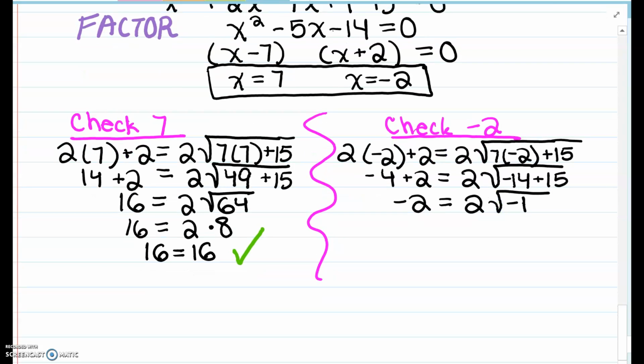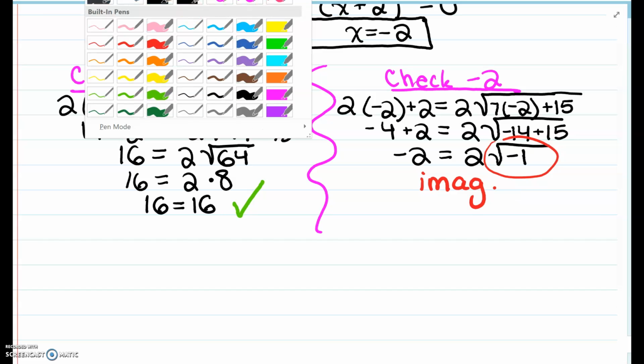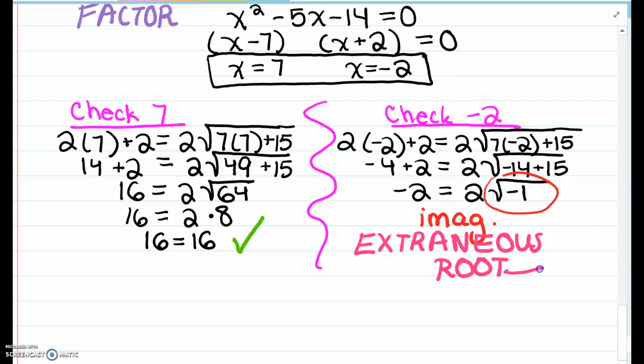And we don't need to go any further because we can tell that this is imaginary. Remember, you cannot take the square root of a negative number. So, what do we call this? An extraneous root. Because negative 2 does not satisfy the equation, so it is an extraneous root.